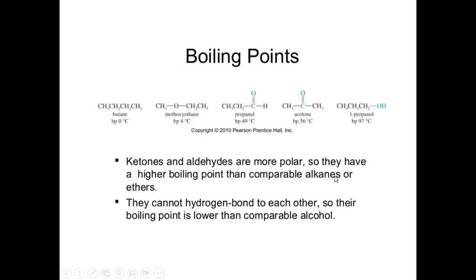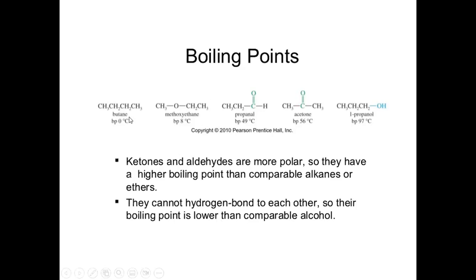Boiling points for ketones and aldehydes: they are more polar, so they have higher boiling points than comparable alkanes or ethers. They cannot hydrogen bond to each other, so their boiling point is lower than comparable alcohol.